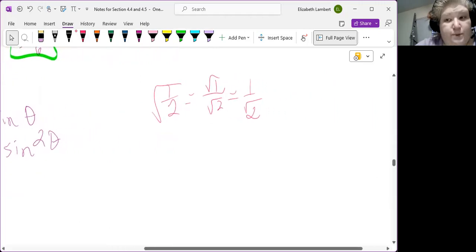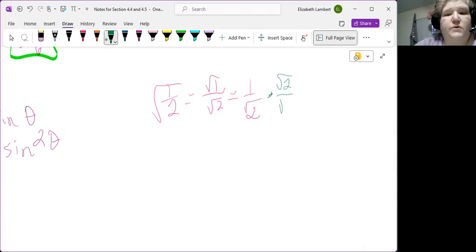That may not be super familiar to y'all, but if we rationalize by multiplying by square root of 2 over square root of 2, we get the square root of 2 over 2, which is a lot more familiar. That is on our unit circle.